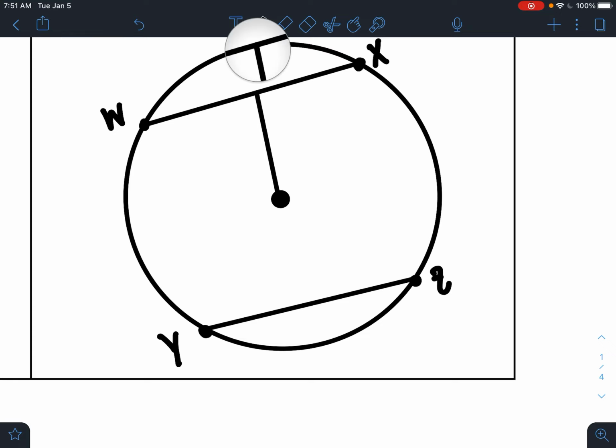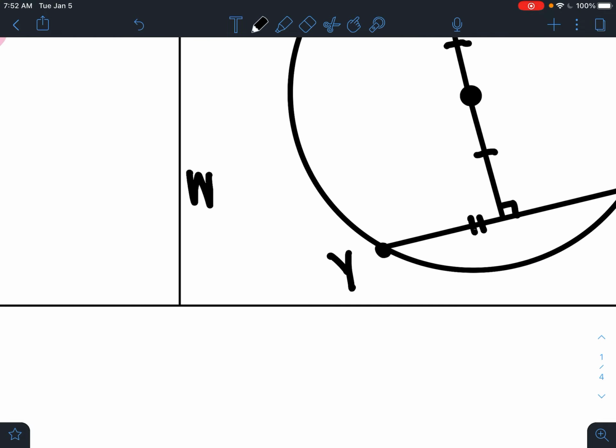So I'm going to draw in this perpendicular segment to WX, and then the perpendicular segment to YZ. And if these two segments right here are congruent, so if they are equidistant from that center point, then our conclusion is that WX has to be congruent to YZ. All right, so WX is congruent to YZ.